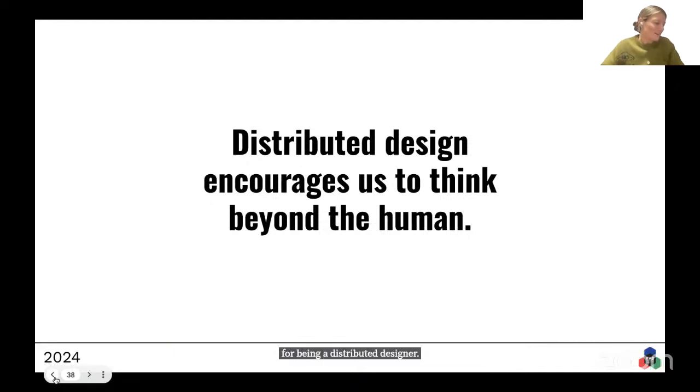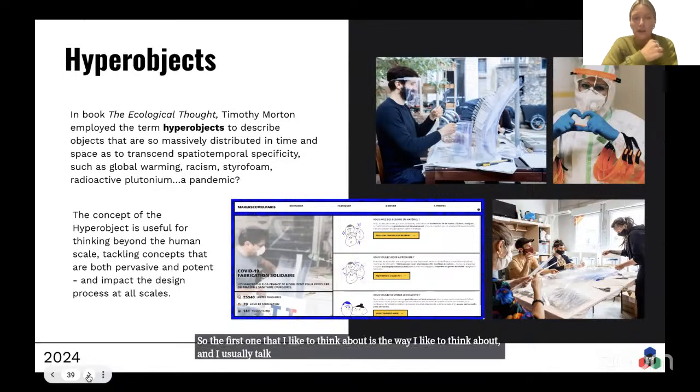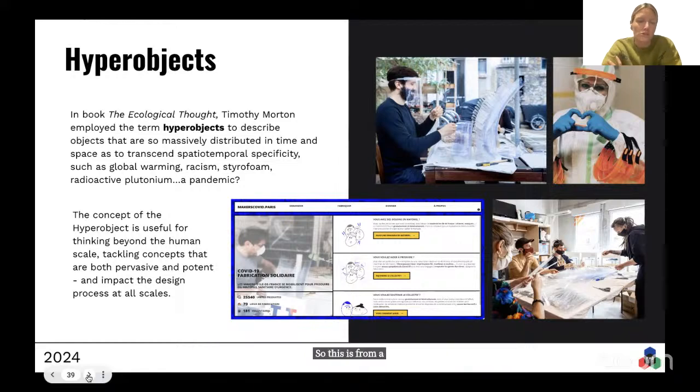So this is my little bit left field take on distributed design, but I think that it creates quite an interesting provocation. The first one that I like to think about, and I usually talk about it as the concept of the hyperobject. This is from a Timothy Morton book called The Ecological Thought.